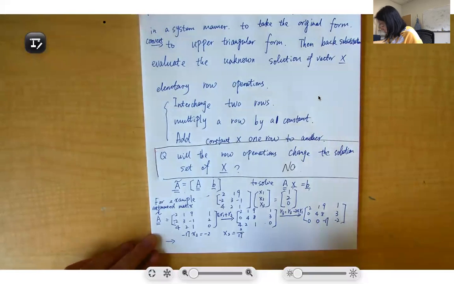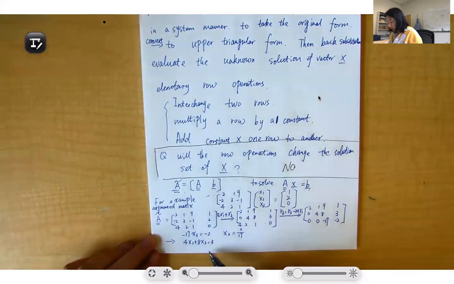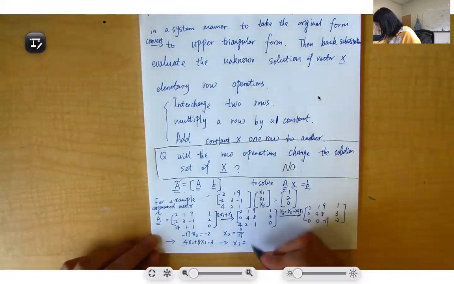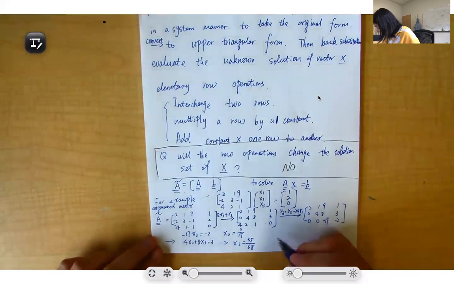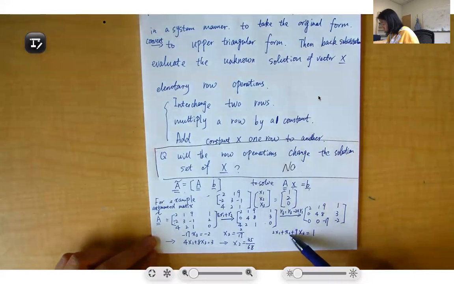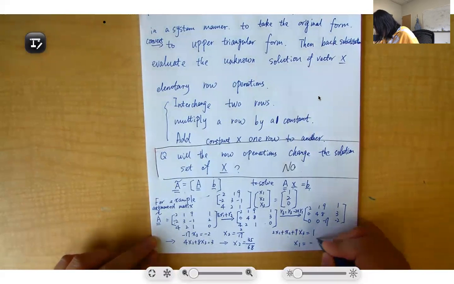You also know that 4x2 plus 8x3 equals 3, and you already know x3, so x2 equals 35 divided by 68. Then you know that 2x1 plus x2 plus 9x3 equals 1. You already know x2 and x3, all known values, so you can easily get x1 equal to negative 39 over 136.